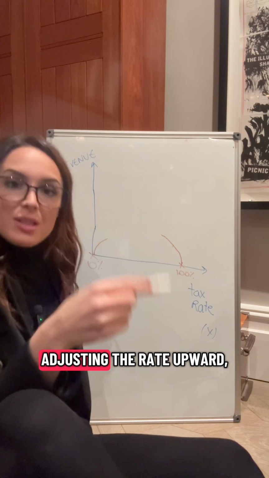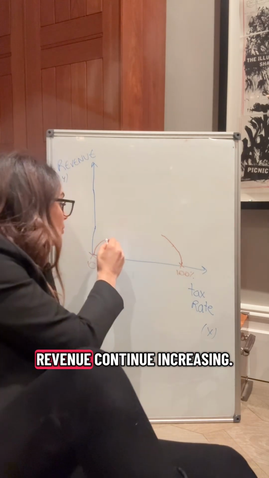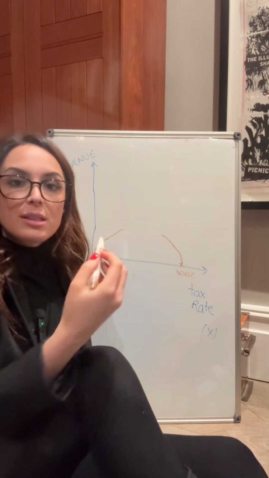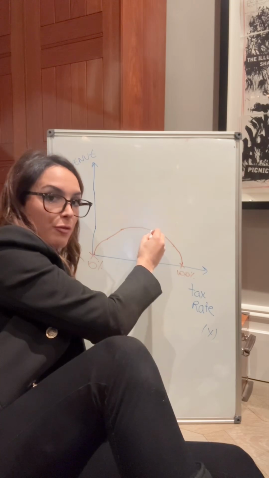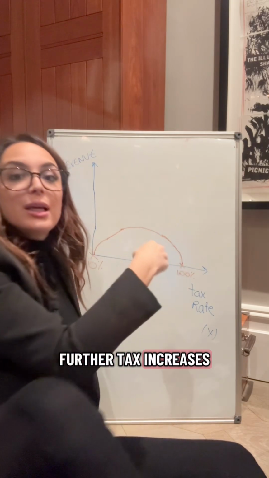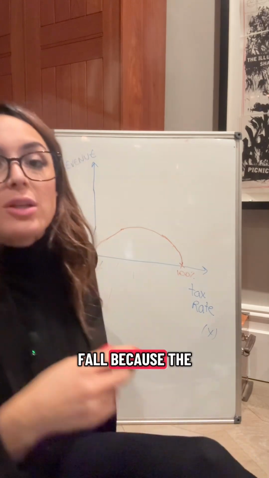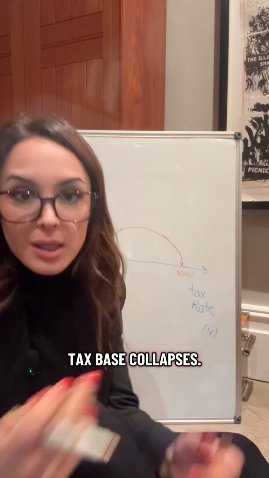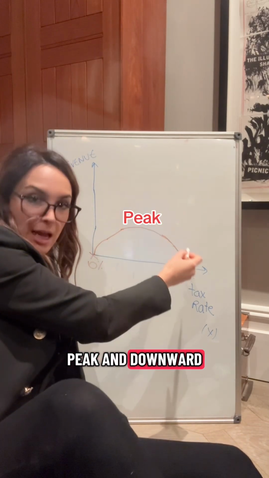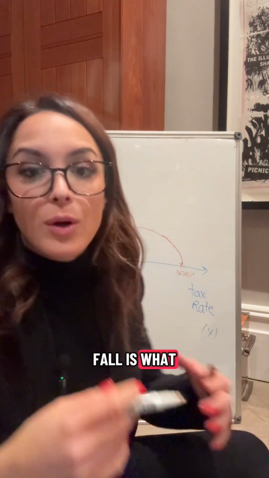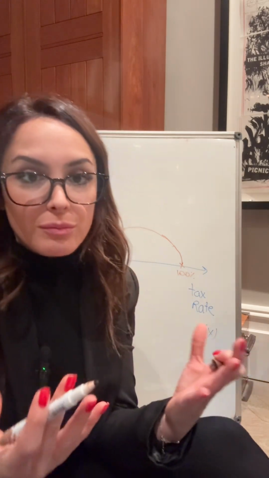So as you keep adjusting the rate upward, revenue continues increasing until it reaches a peak. After that peak, further tax increases cause revenue to fall because the tax base collapses. That upward rise, peak, and downward fall is what we call the Laffer curve.